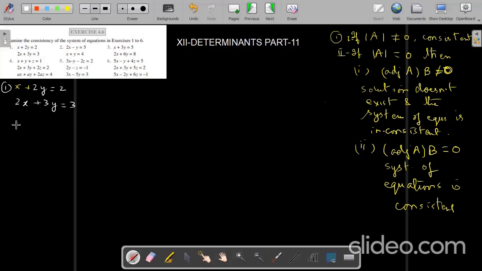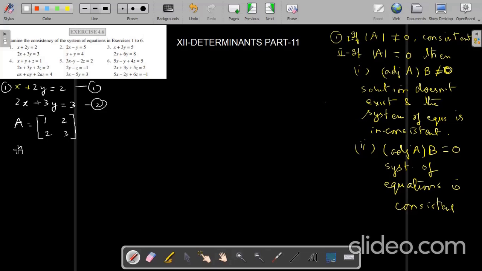So what is A? A is the matrix of the coefficients of x and y. Here before x there is 1, y is 2; in equation number 2, the coefficient of x is 2 and the coefficient of y is 3. So this is your matrix A.